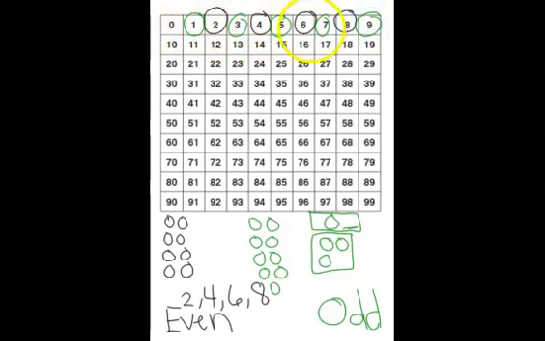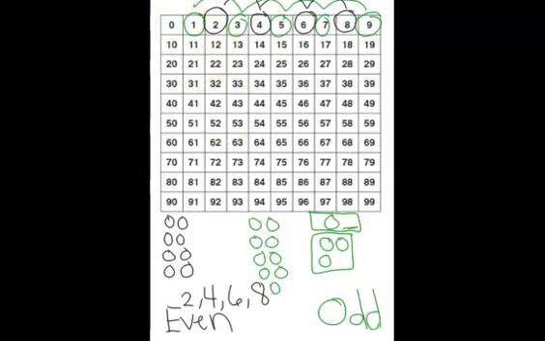So what do you notice about this even and odd here? Oh, I'm noticing here that these skip. And I'm also noticing that these even skip a number.